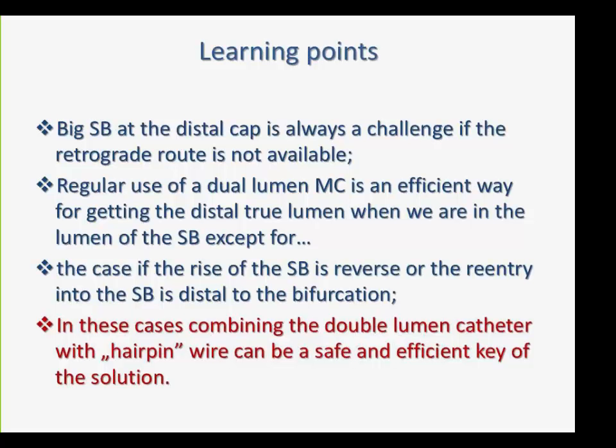But if there is a reverse rise of the side branch, or as in these cases, the reentry was a little bit distal to the bifurcation, it's now possible to get back into the other branch. And in these cases, combining the double lumen catheter and the hairpin wire can be a safe and efficient key to the solution.